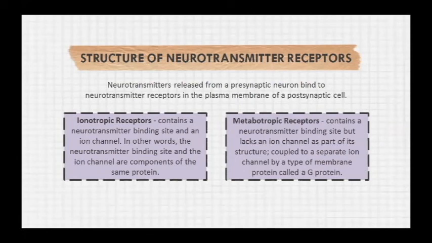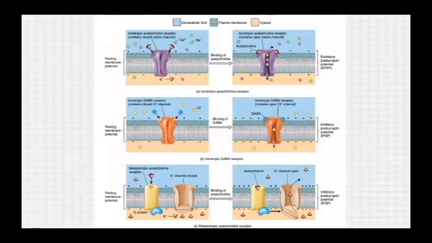If you look at this picture, you will understand it more clearly because letter A and letter B show an ionotropic receptor in which binding site and ion channel are one with each other, while in metabotropic receptor, the ion channel and the binding site are different from one another, but they are coupled or partnered with each other.